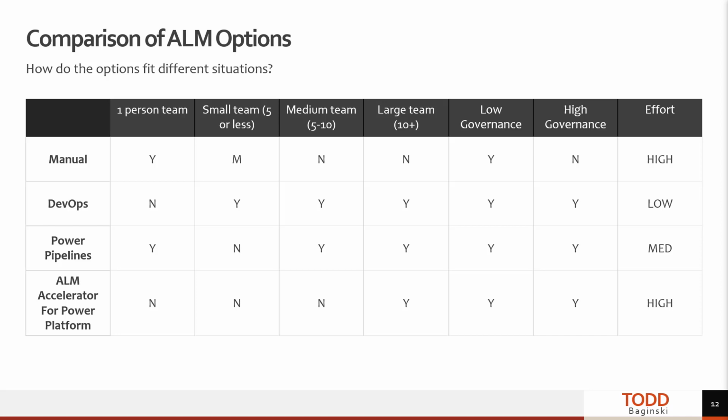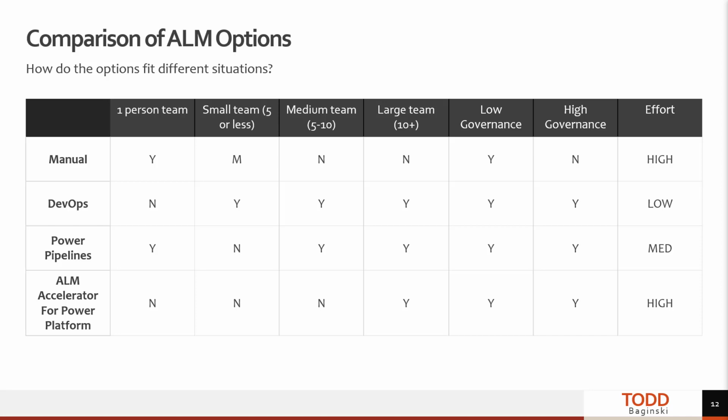However, on the other hand, if you use DevOps or the ALM Accelerator for Power Platform or Power Pipelines, those are great fits for high governance because they have capabilities baked into them to audit all the actions that take place during deployments. The final column here, effort, is the overall effort to do a deployment.